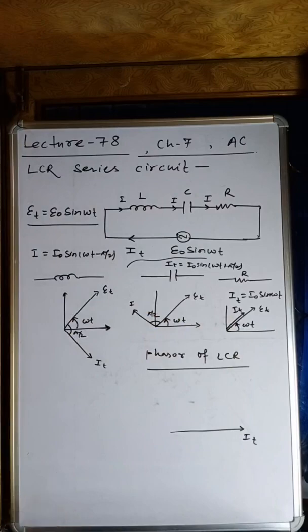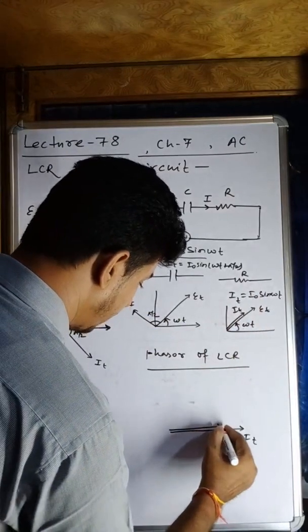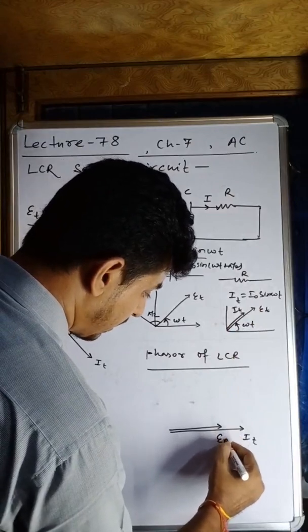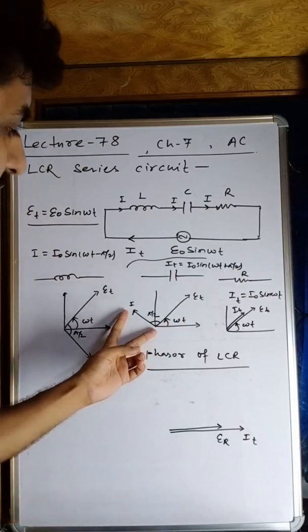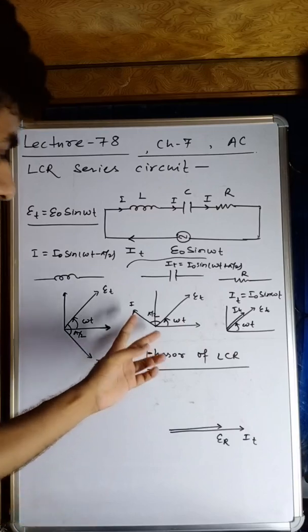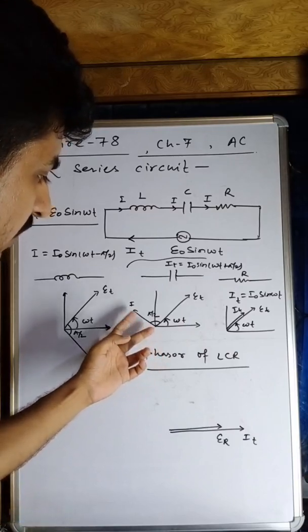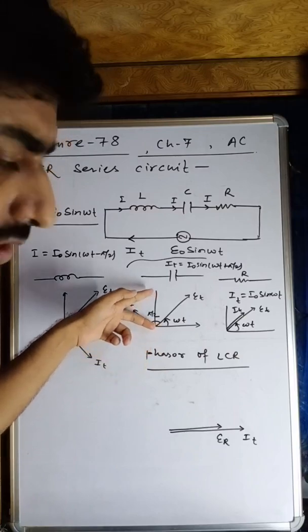It means the voltage of the resistor will be here, and we can write it as E R. Now look here. To make this current along the x-axis, how much do you have to rotate? If you rotate this I by omega t, then it will be along the y-axis.